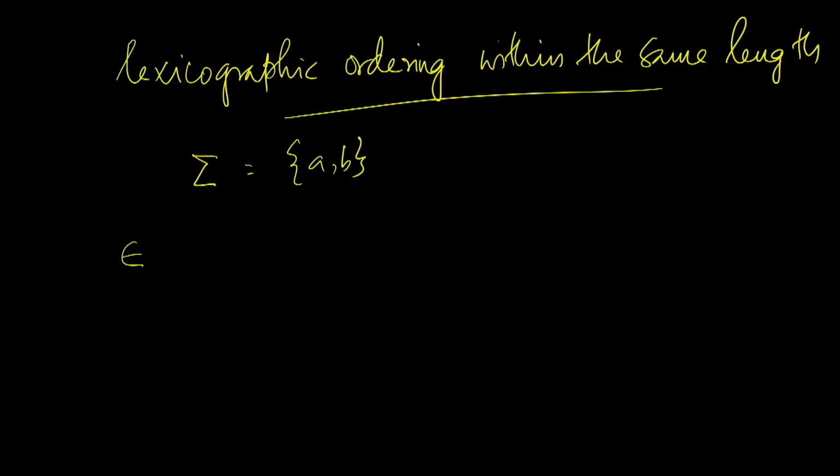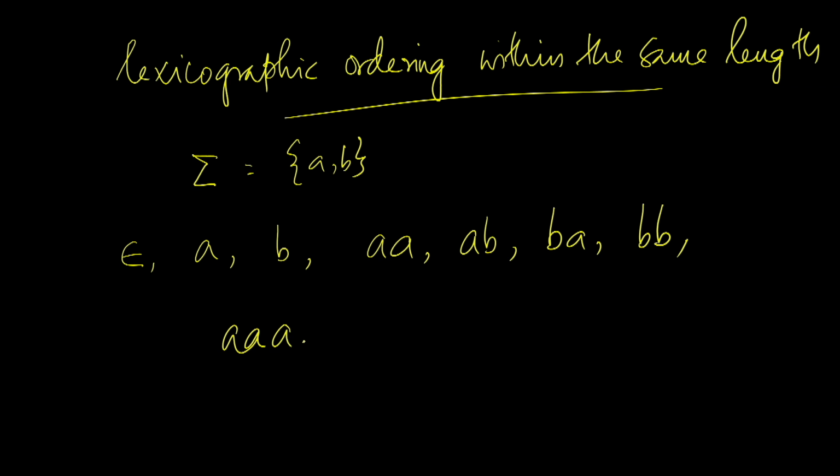First you enumerate the null string, then we have strings of length 1, a and b, then we have strings of length 2, aa, ab, ba and bb, then we enumerate all strings of length 3 and so on. That is, within the same length we enumerate the strings in lexicographic ordering, but strings will be enumerated in the monotonic order of increasing length.